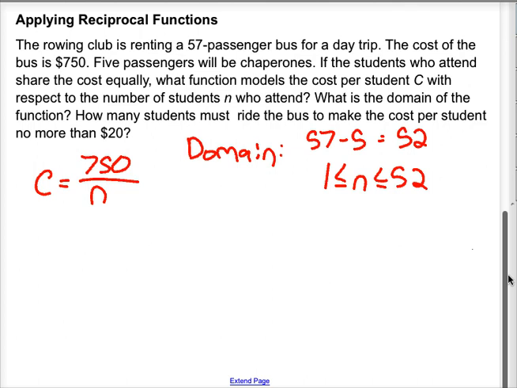Now I want to answer the piece of how many students must go so the cost per student is no more than $20. So I'm going to put $20 in for the cost. We want to see how many kids will have to go. Well, to solve this, you've seen this a couple times now. The first thing you want to do is get your variable out of the denominator. So I'm going to multiply that n over.